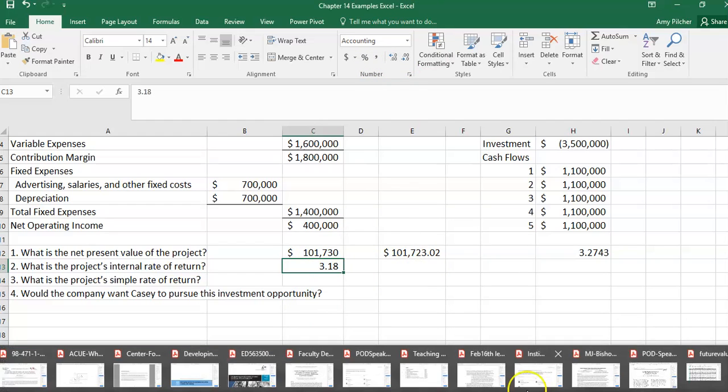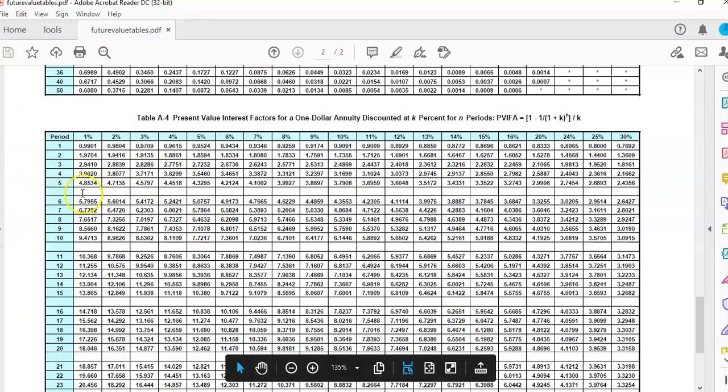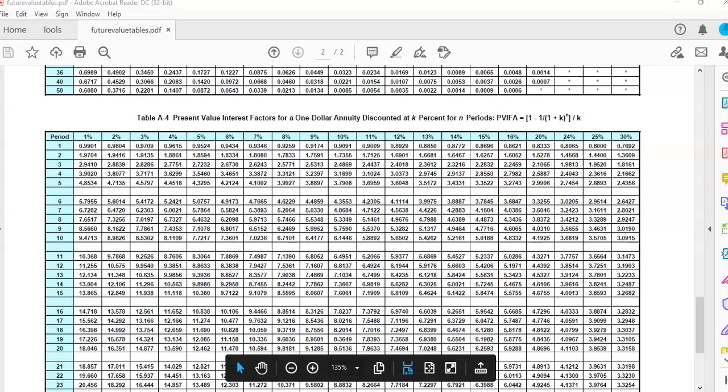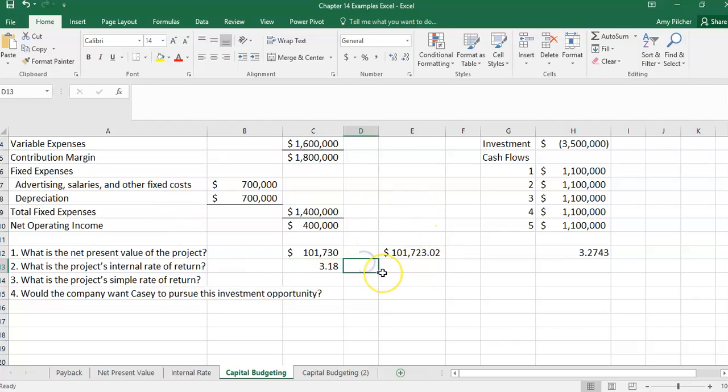We go to our table and go to 5 years and look for 3.18. Well, that happens between 16 and 20%. Probably right around 17% if we had to estimate from this factor. So we'll say internal rate of return of 17%.